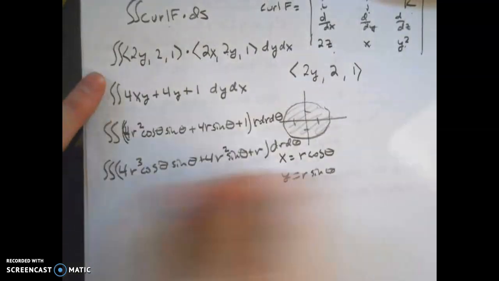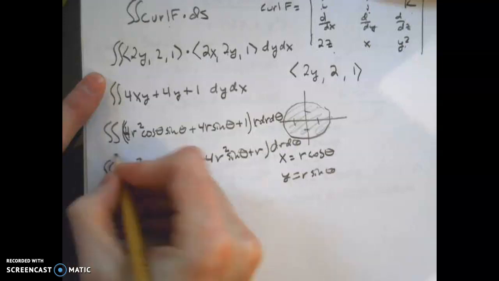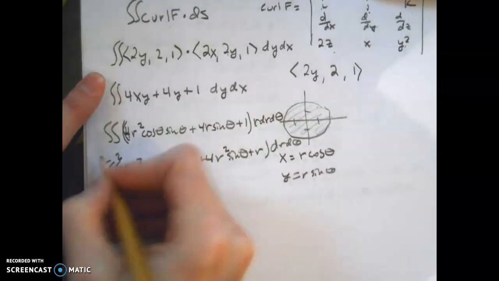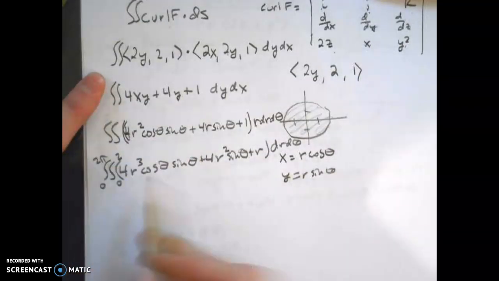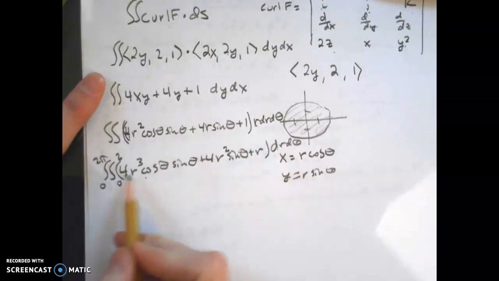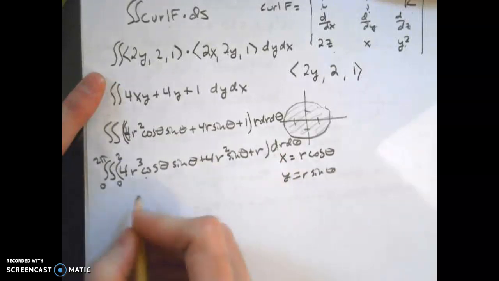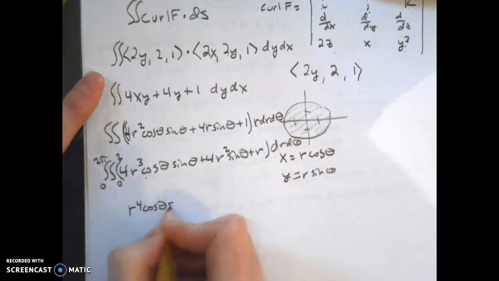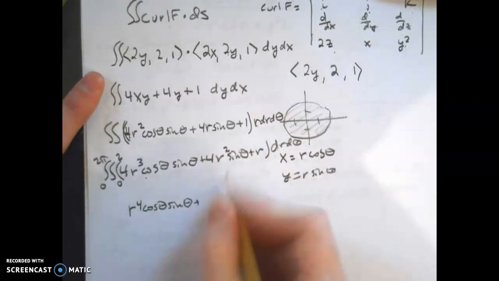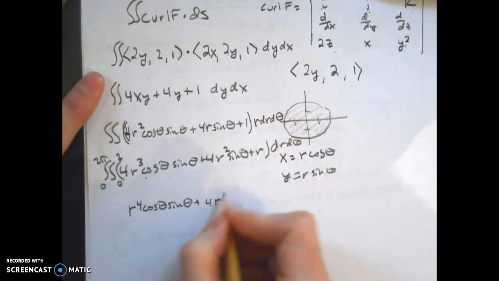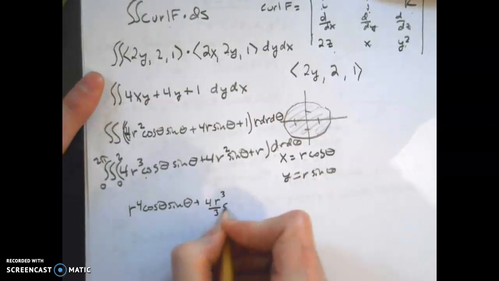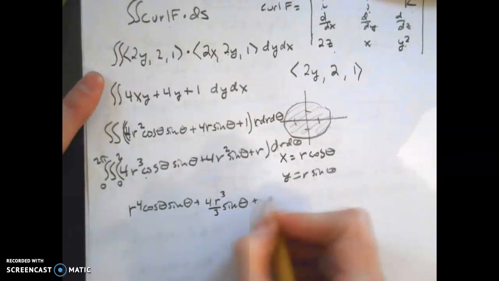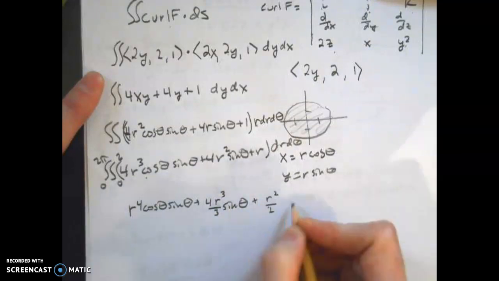Okay. And r goes from 0 to 2. Theta goes from 0 to 2 pi. So integrating with respect to r, we're going to get 4r to the 4th over 4, so that's just r to the 4th cosine theta sine theta plus 4r cubed over 3 sine theta plus r squared over 2.